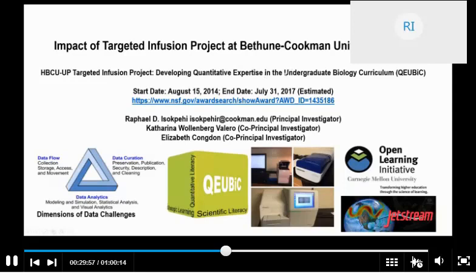The funding provided us with resources to bring computational as well as quantitative or data expertise into the biology curriculum.